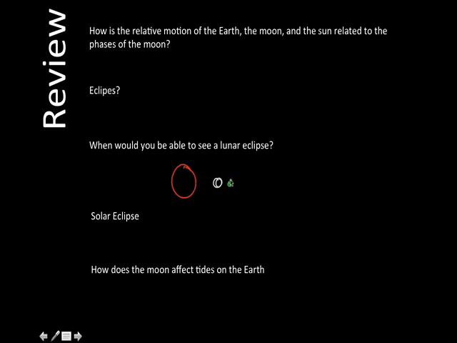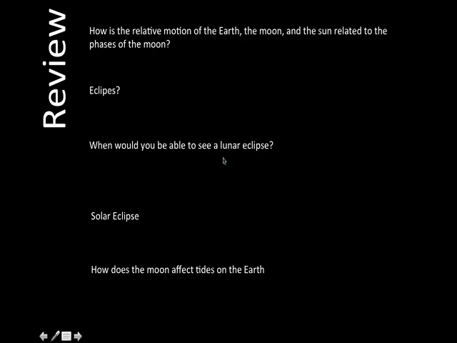We would get a lunar eclipse. Solar eclipses happen when we have the sun, the Earth, and the moon is in between the sun and the Earth.